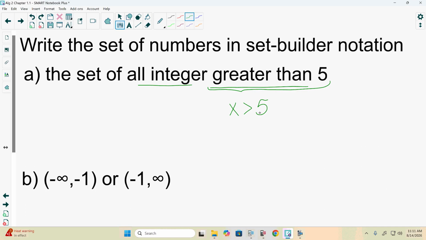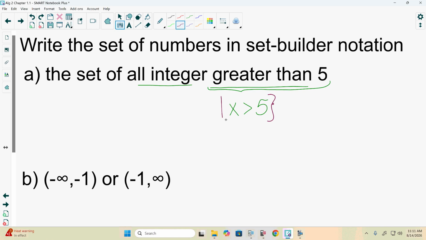Now that is half of our set builder. That is the description, how we're describing it. So that's part of the set builder that goes after our bar, that's such that. Because set builder notation is brace, our number type, bar, such that, description.